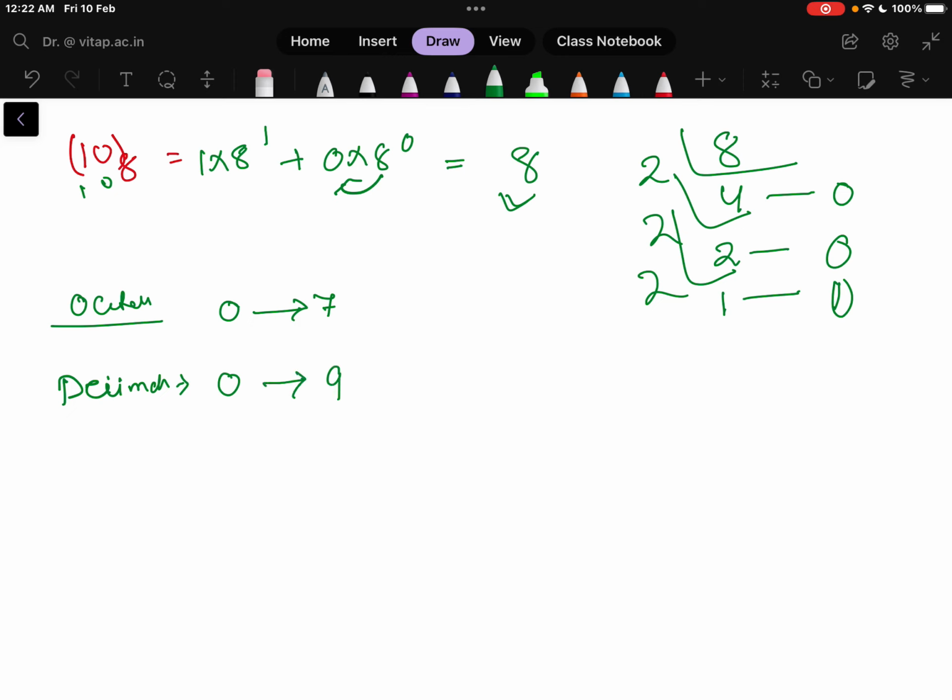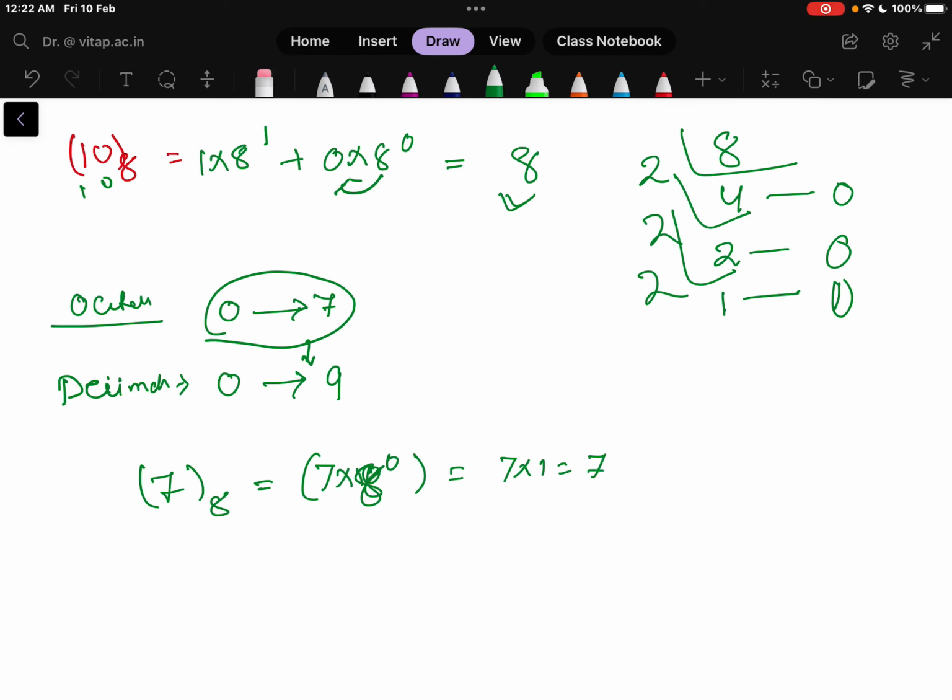One thing you should remember is that for values from 0 to 7, whatever value is there in octal, the same value will be there if you convert it to decimal. Let us take an example, 7. What is 7 base 8 in base 10? It is 7 into 8 power 0, which is 7 into 1, that is 7. That means 8 power 0 is counted as 1 here.